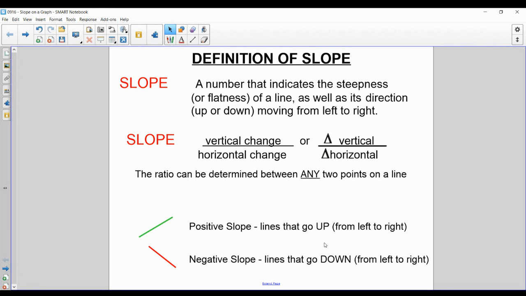Remember that slope indicates the steepness of a line, and it also tells you the direction. We know that from understanding that slope is the change in vertical over the change in horizontal. That is like saying change in y over change in x. That little triangle there means change.